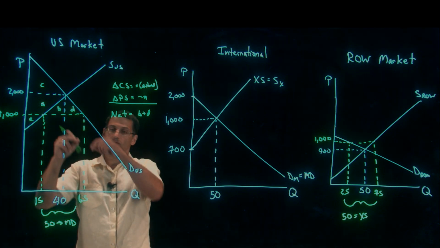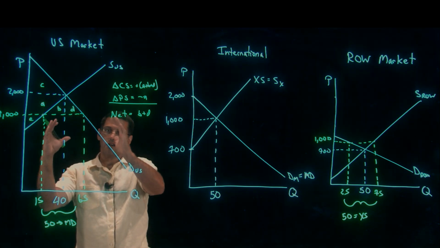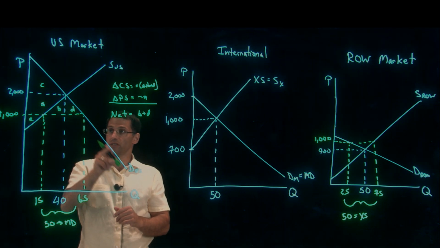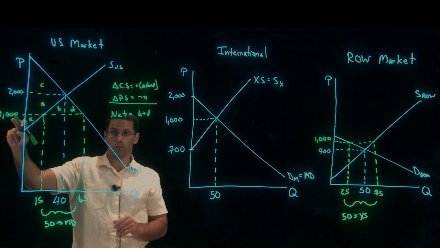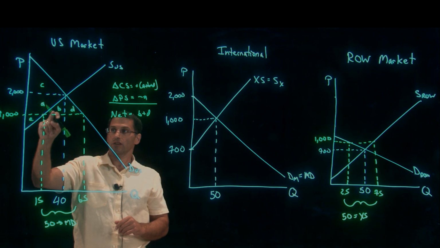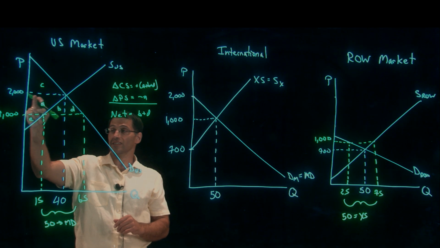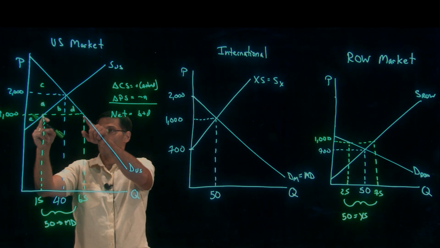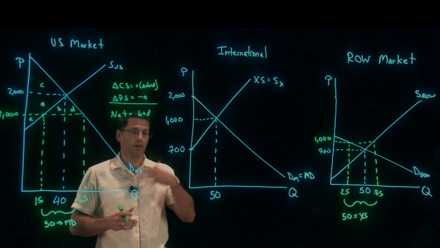The gains from trade is this triangle. Notice it is the area between the supply and the demand curves and between the autarky and the trade price. So it's the area between basically the autarky equilibrium and the trade equilibrium, but in this domestic market.